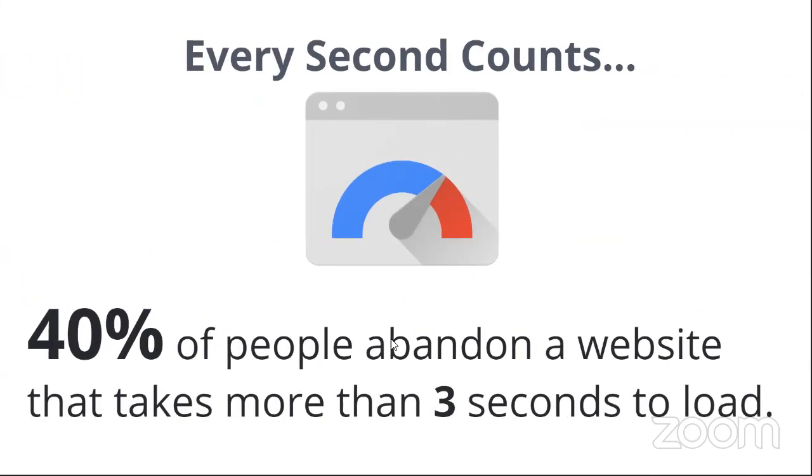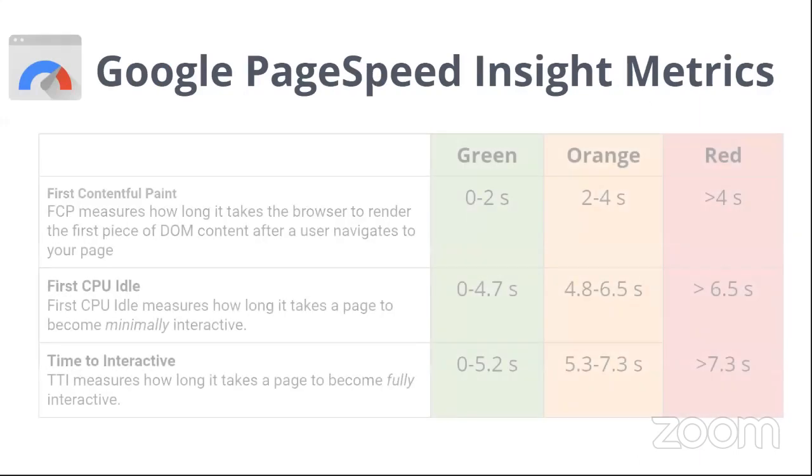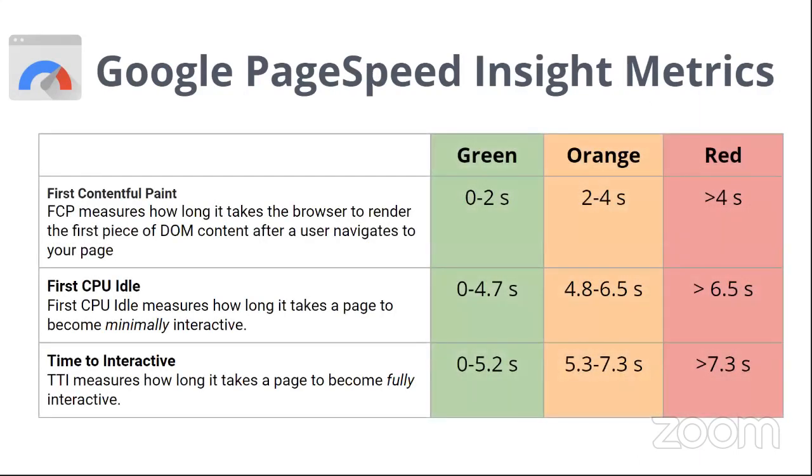So that is SEO. Now let's get into speed. This is another stat: 40% of people abandon a website if it takes more than 3 seconds to load. This is what Harsha was explaining, so I need you to focus on this point.